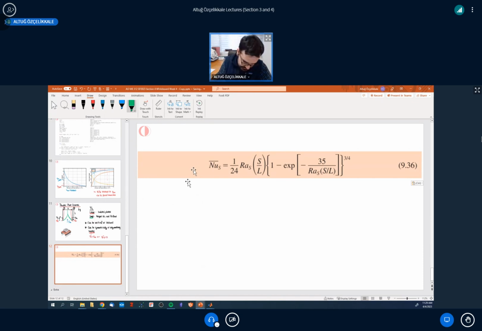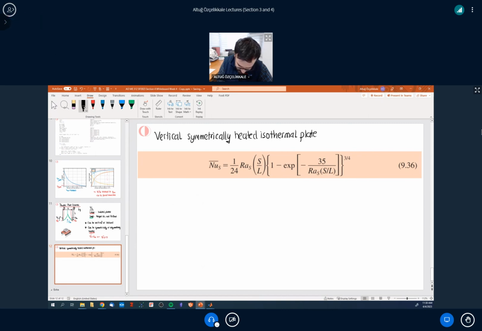This one is for vertical symmetrically heated isothermal plates, that is Ts1 is equal to Ts2, and these are greater than T infinity. We will discuss more. I will repeat this in the next class, but to answer the question from Burhan, yes, this is what the typical correlation looks like for parallel plate channels.